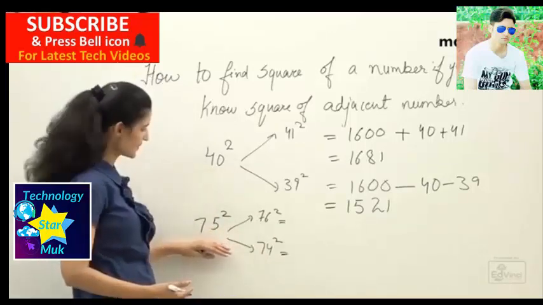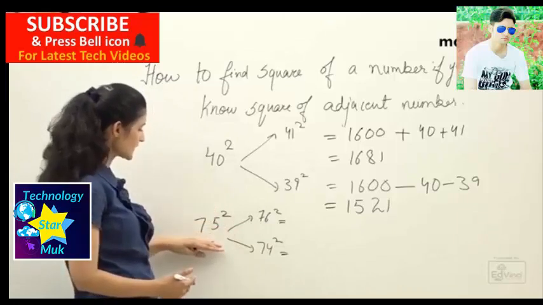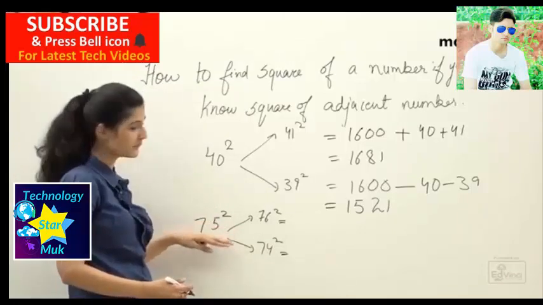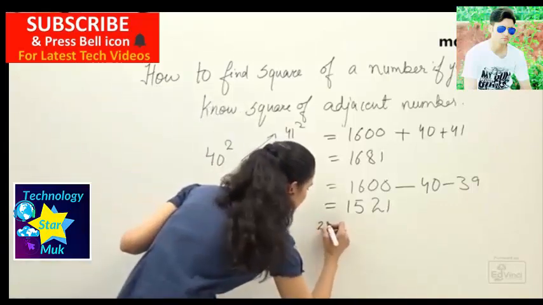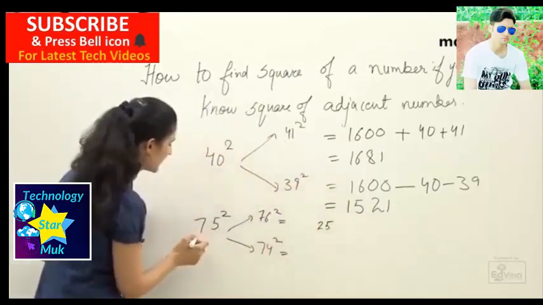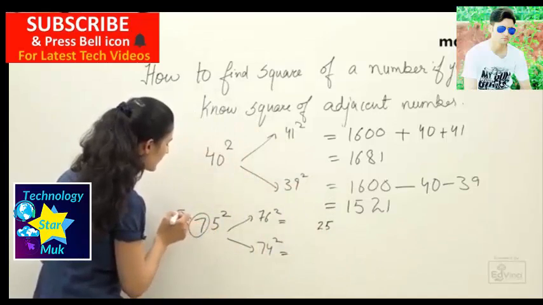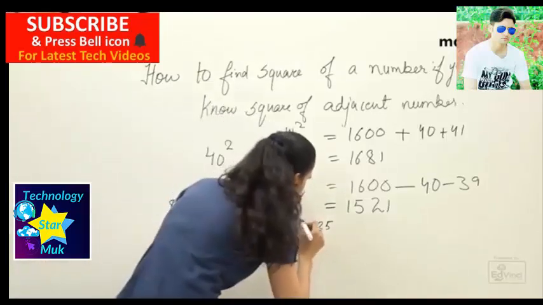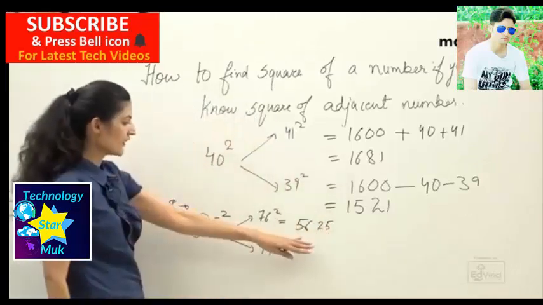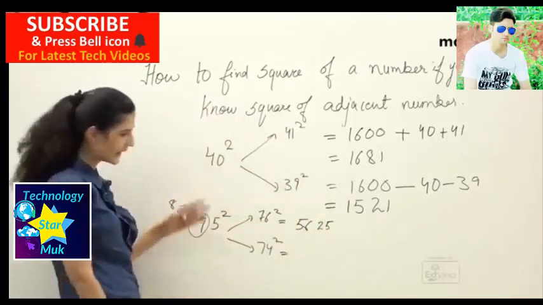We know 75 square, as I already explained to you. Whenever we get a number ending with 5, the square is 25 and the number multiplied by the next integer, which is 8, so 56. So 5625 is 75 square.